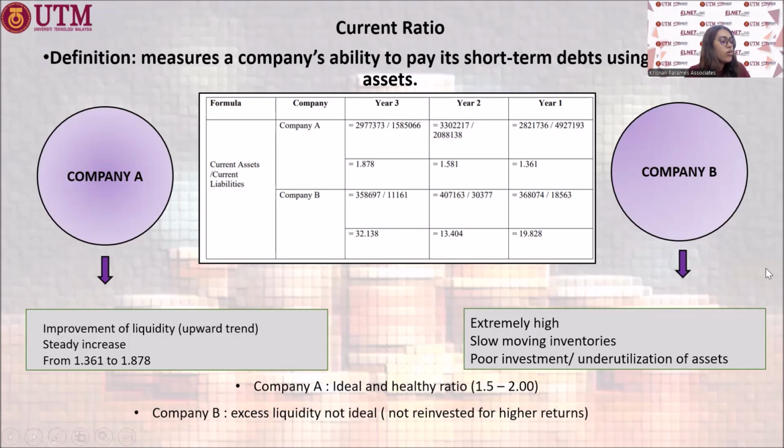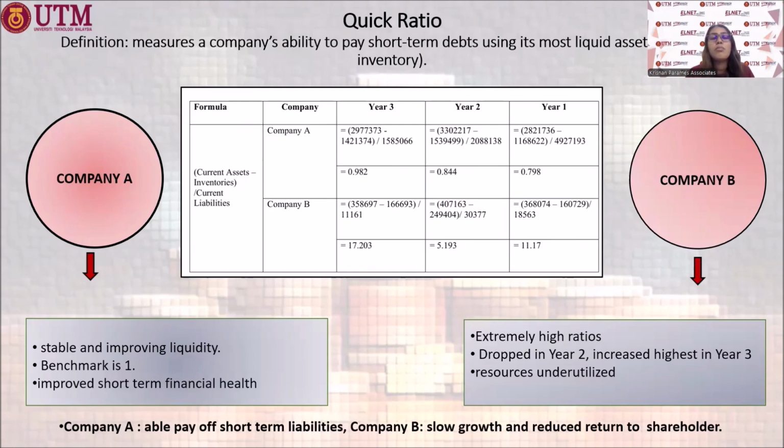Company A has an ideal ratio of 1.5 to 2, which is still in the ideal range, but company B has underutilized its assets. Excess liquidity is not ideal because the assets are not reinvested for higher returns.